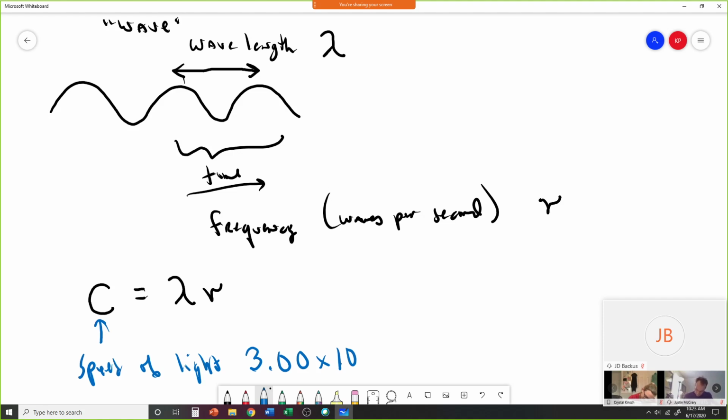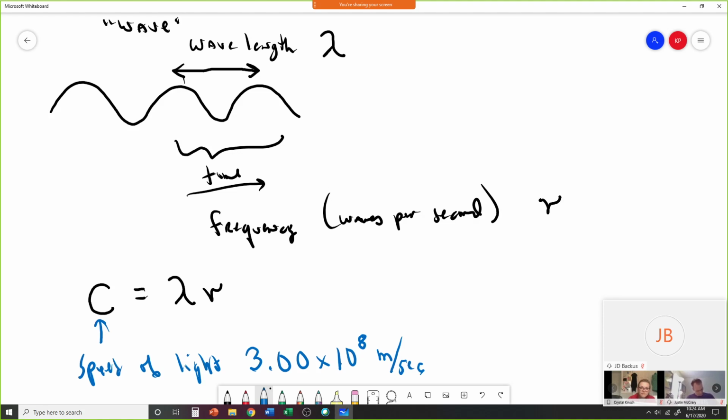And so we say, where is speed of light? There it is, times 10 to the 8th. That's what I wanted to say. Times 10 to the 8th meters per second. Let me fix that c. Meters per second, okay?